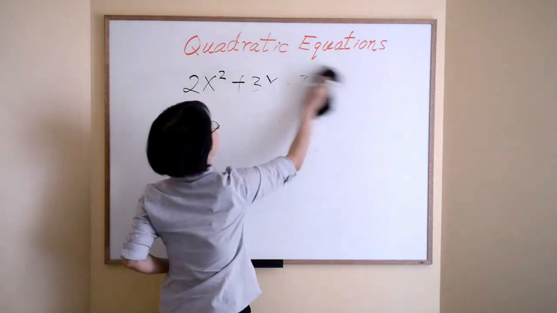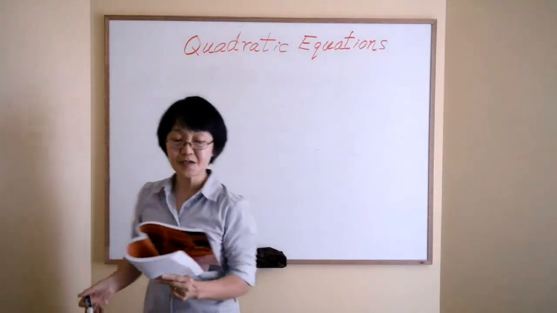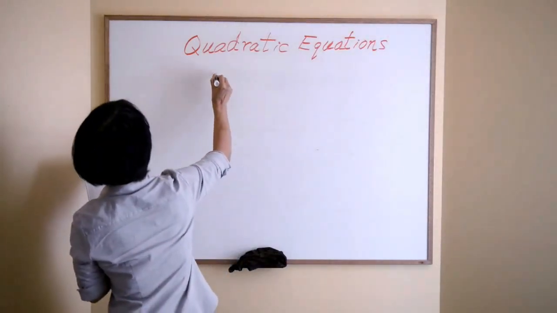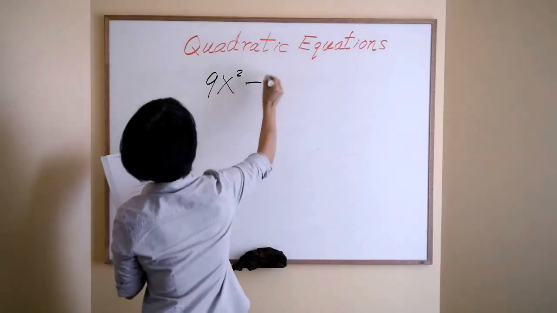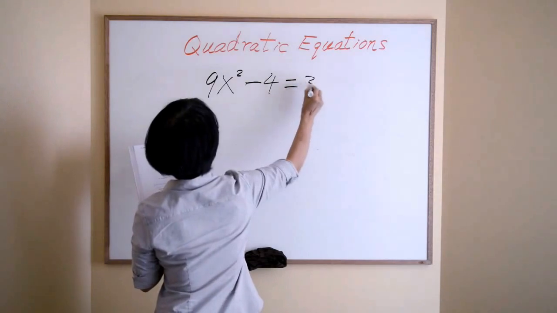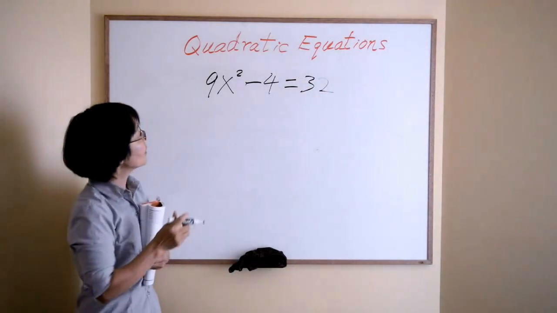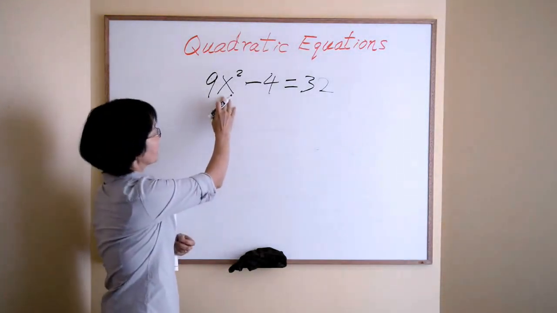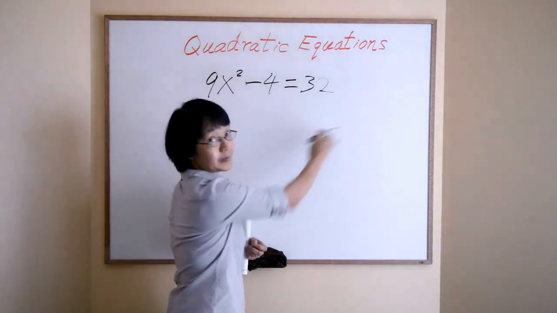Let's do some of the problems. I'm going to start to teach you how to solve these. 9x squared minus 4 equal to 32. Now, when we solve an equation, we want to keep the variable on one side and move all the numbers to the other side.